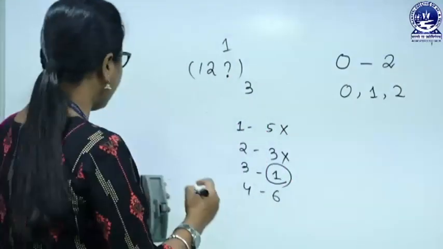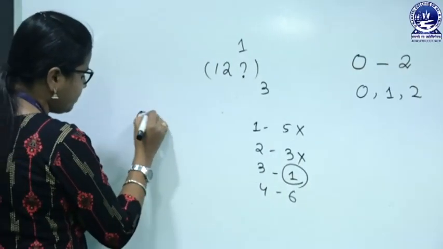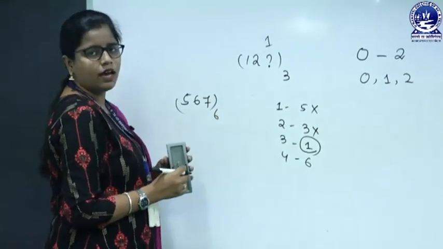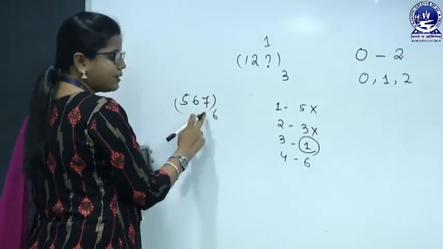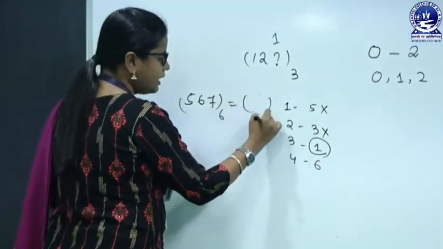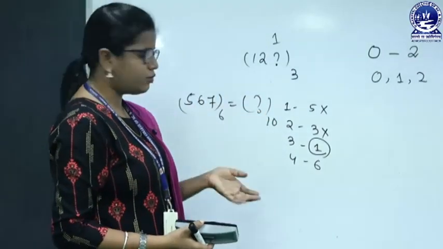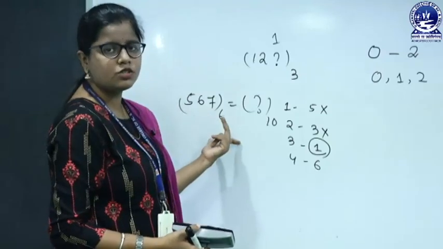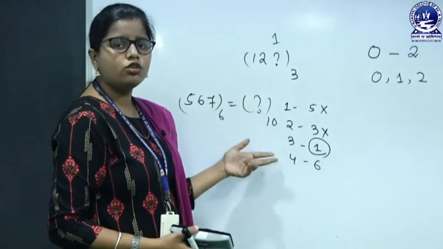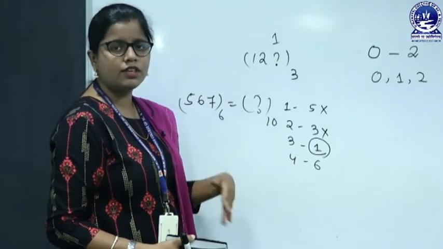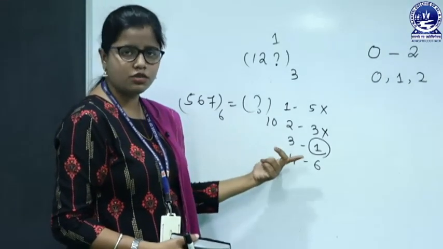Suppose I am giving another example: 567 base 6. I want to convert 567 base 6 into decimal. If someone asks you to convert 567 base 6 to decimal, don't go to convert it right away. Don't follow the method of converting base 6 into 10.